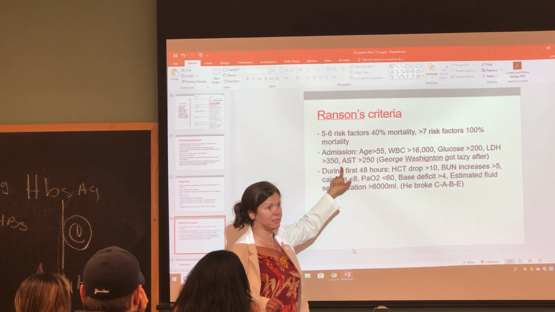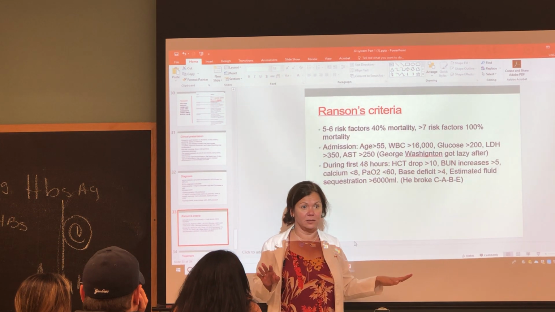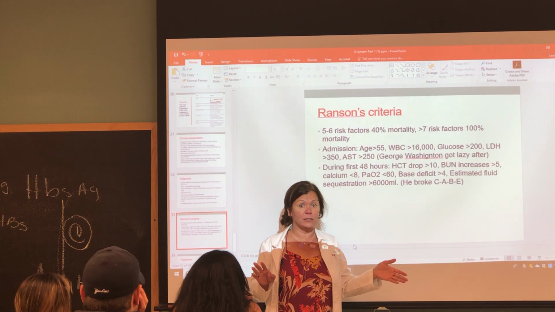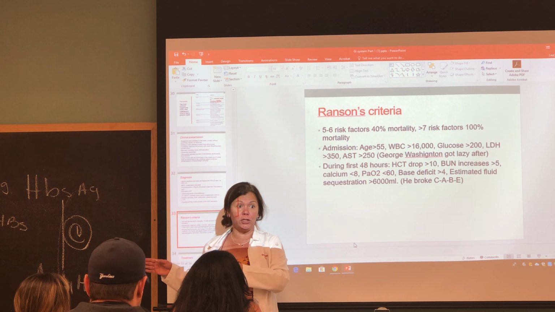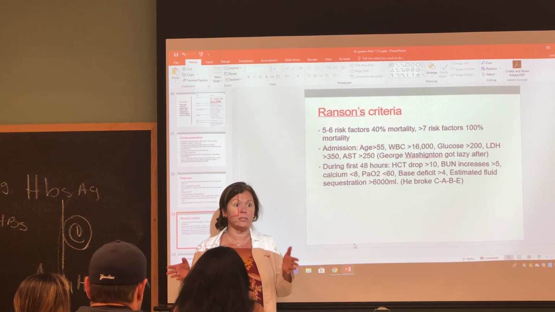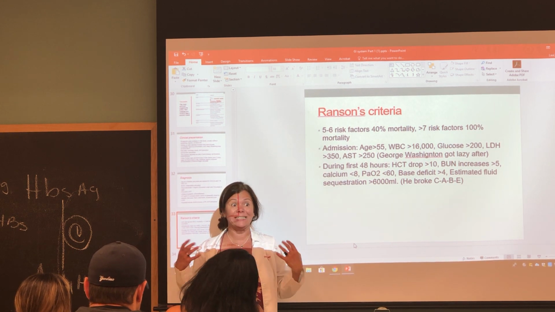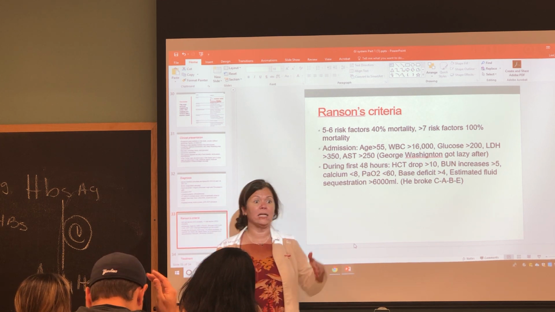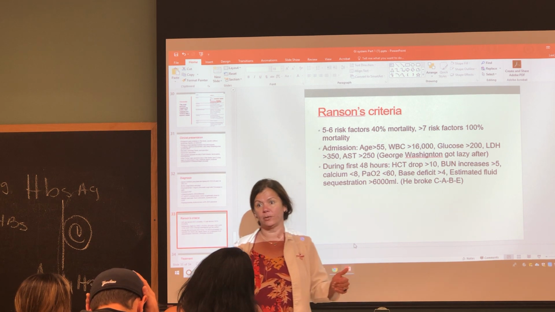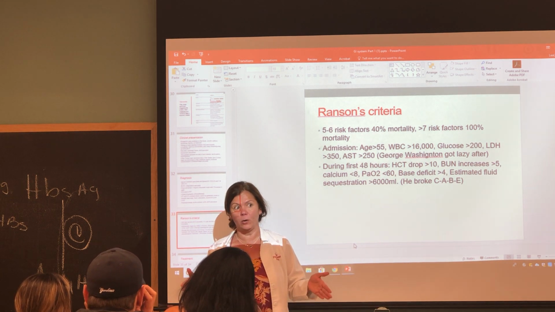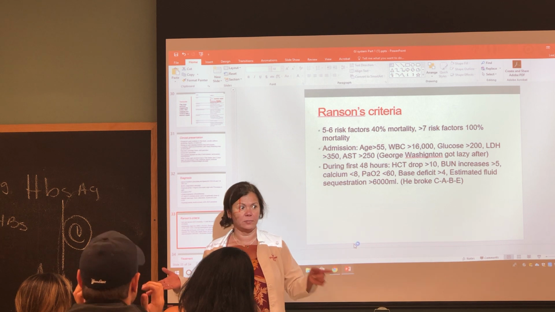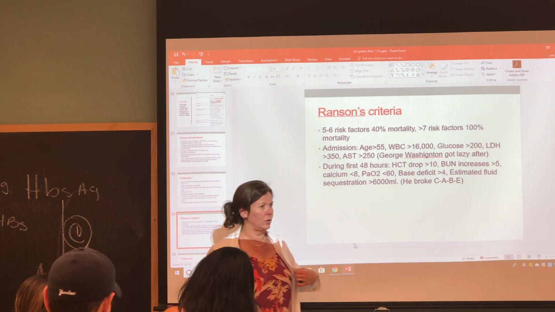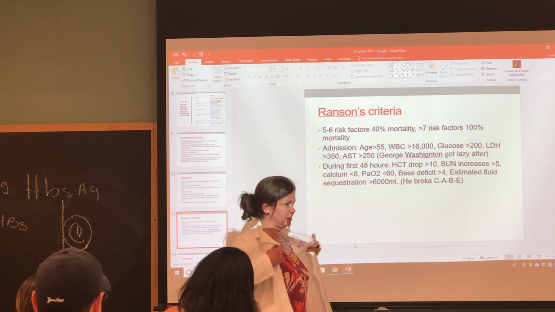And if your AST is already elevated, I'm not saying that you have an obstructive condition, but since AST is most likely related to an ischemic process or hypovolemia, I'm just saying that this inflammatory process is already damaging the hepatic artery, by hypovolemia or hypotension, etc. So all of those under admission get one point each? Yes. Okay.